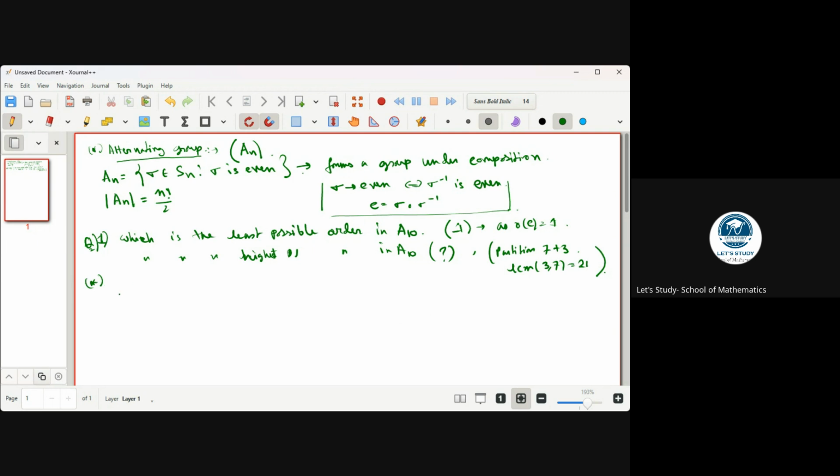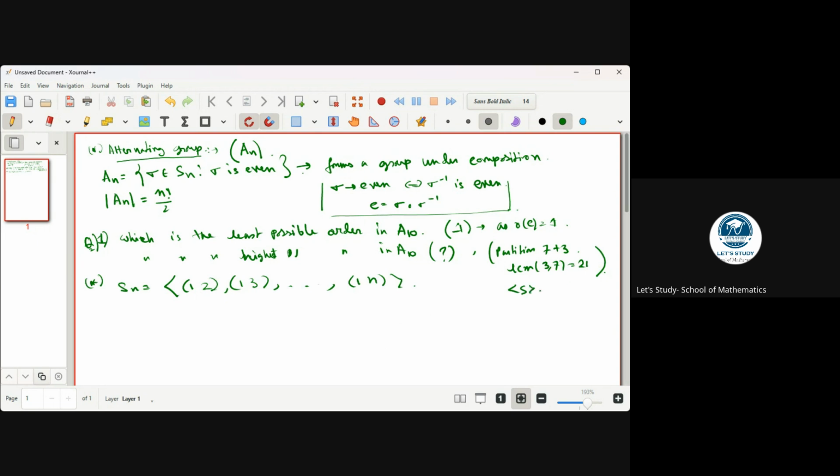Again, one more thing, Sn can be generated by (1 2), (1 3), up to (1 n). Sorry, there will not be any comma inside. And you all know the meaning of this, right?